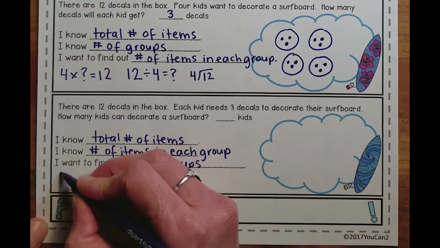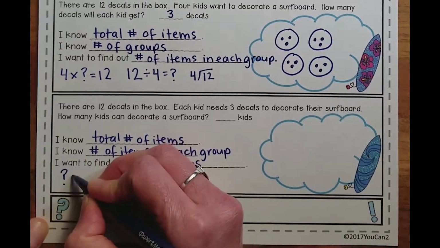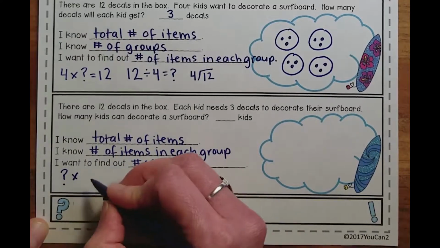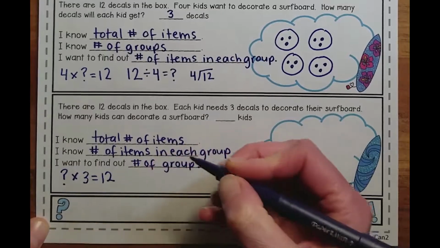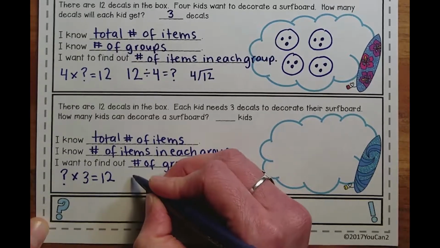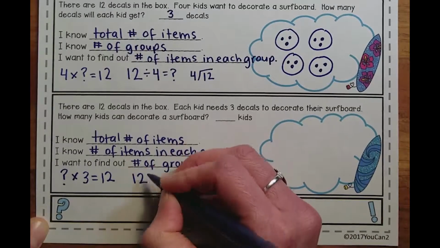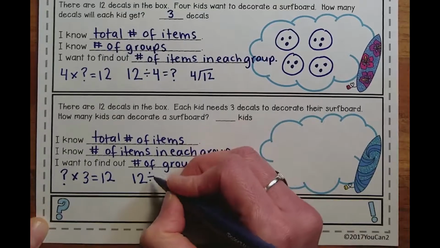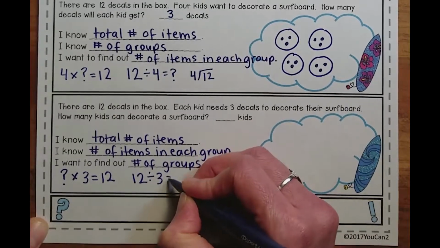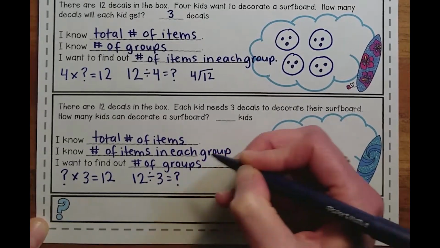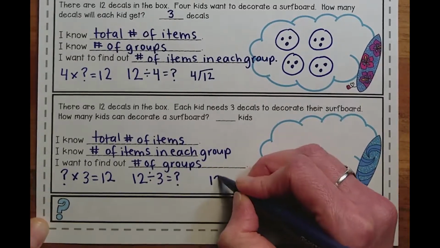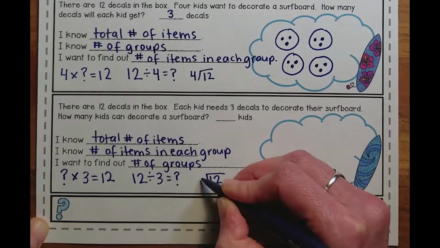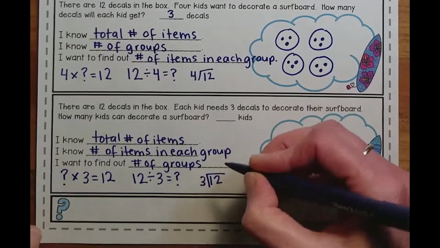So I know some groups of 3 was going to give me 12. Or I could write it like this. 12 divided into groups of 3 would give me something. And remember, guys, we can also write division like this. 12 divided into groups of 3 is going to give me something.